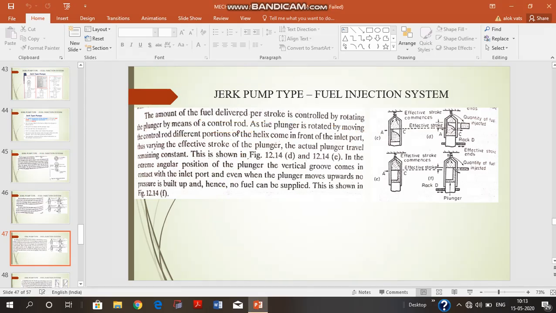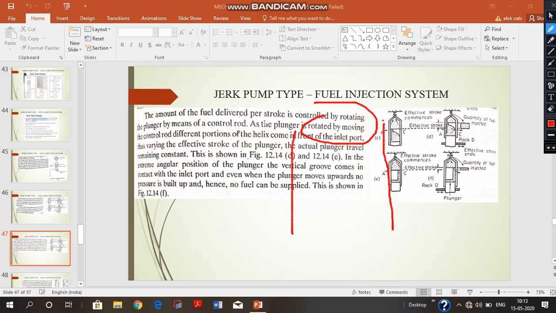Now what is the idea and funda behind the controlling? See, this is the plunger. I am making it cylindrical. We could see that this is the helical portion.